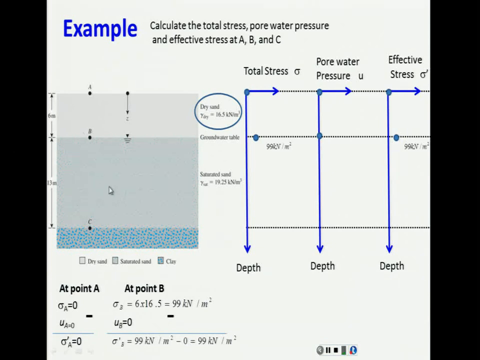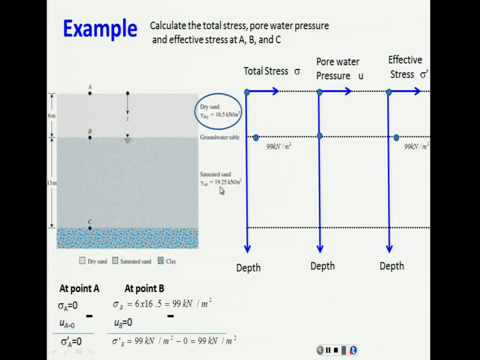Last but not least, we have the point C now. Our total stress at the point C is going to be whatever we have up to the previous point, meaning this value, plus the weight of this column of soil here. This column of soil is saturated. Even if you don't say saturated sand, you have to know it because it's below the water table. What is the weight of this saturated sand?